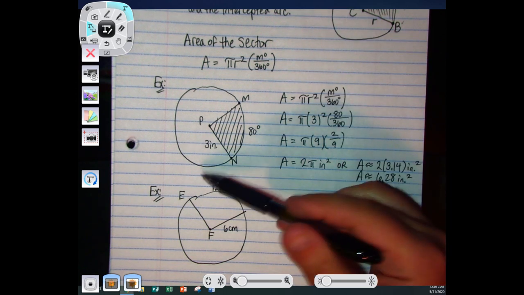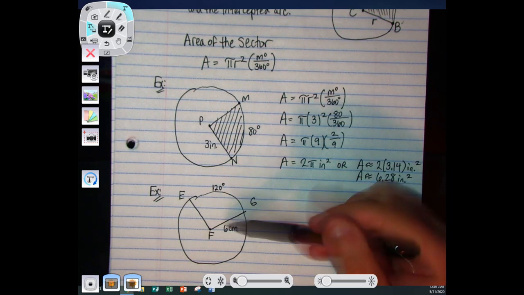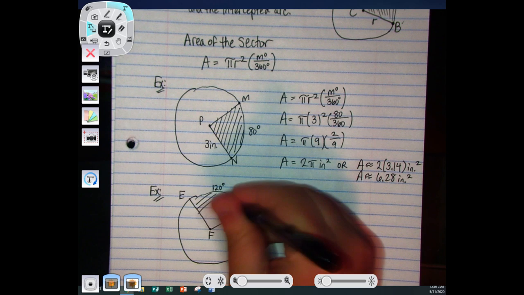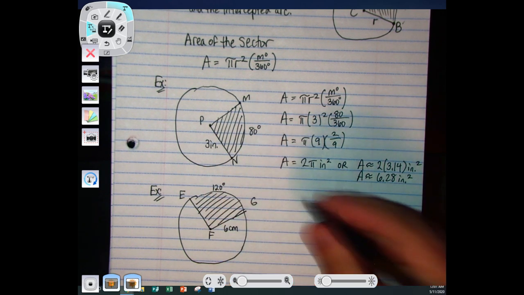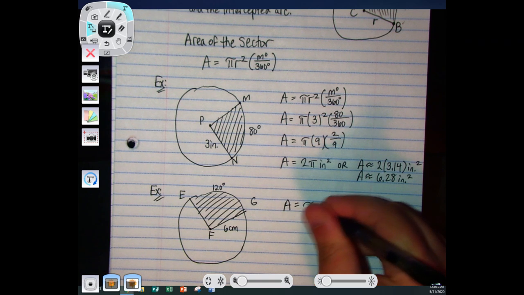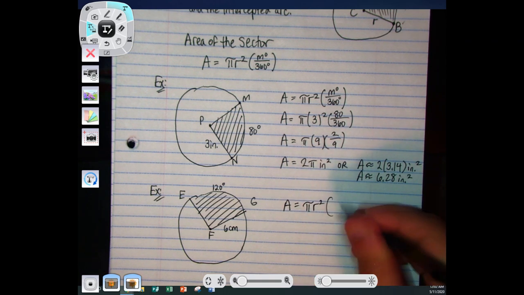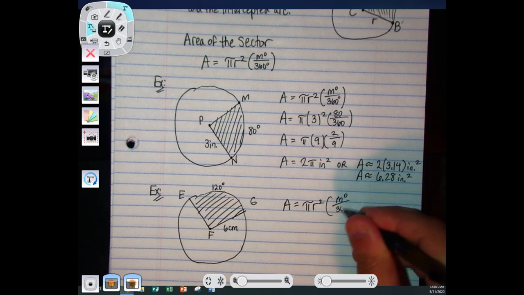So we know our measure of our arc. We know our radius. Again, we're finding the area of this sector of the circle. So we use this formula: A equals pi r squared times m degrees over 360 degrees.